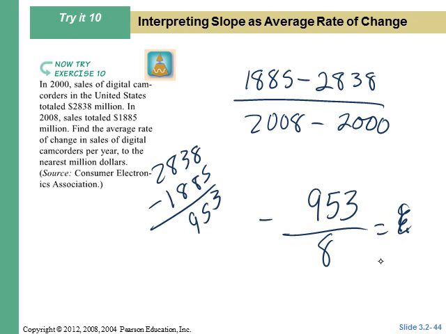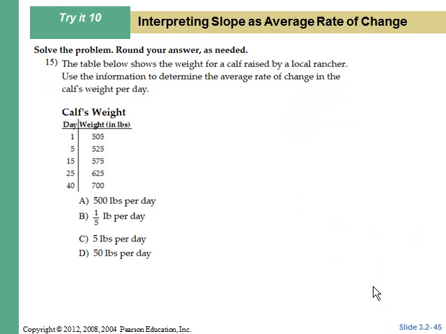What would that be, about 119.1, about $1 million per year. If you have any questions, oops, we got one more left.